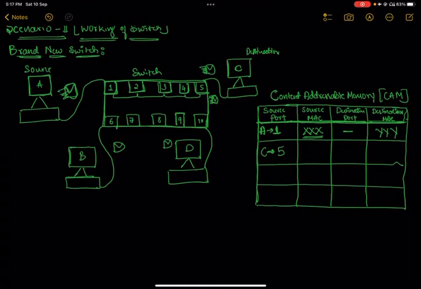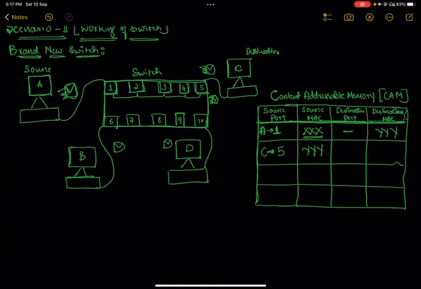Now the source MAC here would be YYY. As I already mentioned, every machine knows its MAC address. So here the source MAC would change from XXX to YYY because the source machine now is C, not A. When the source is A, the source MAC address would be XXX. When the source machine is C, the MAC address would be YYY.